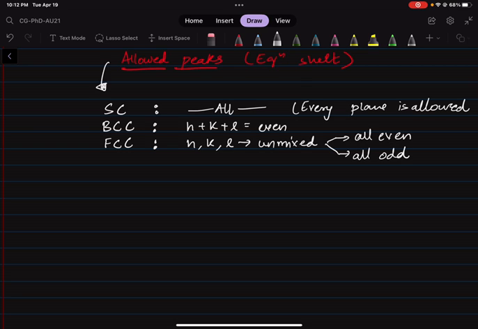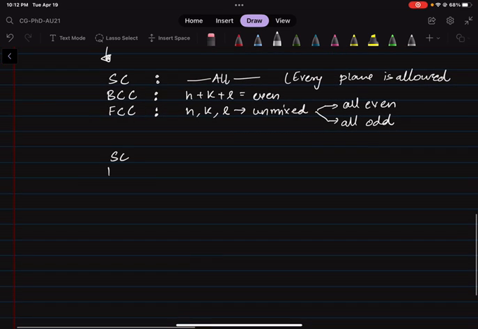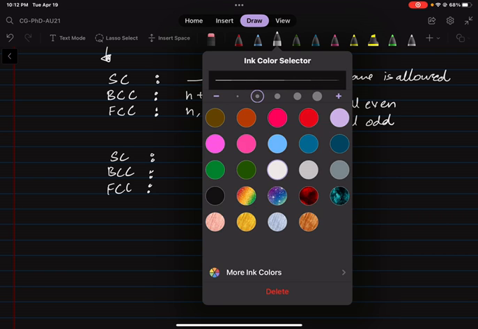Now, if you use that system, you will get the following peaks. And again, this is given to you in the equation sheet, so you don't have to worry about remembering these values, right?